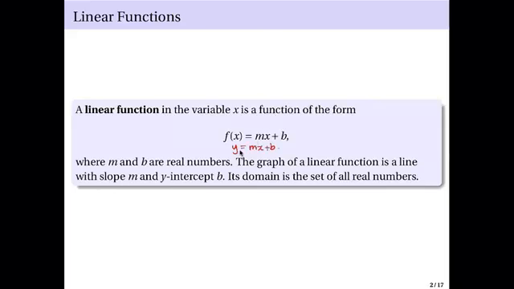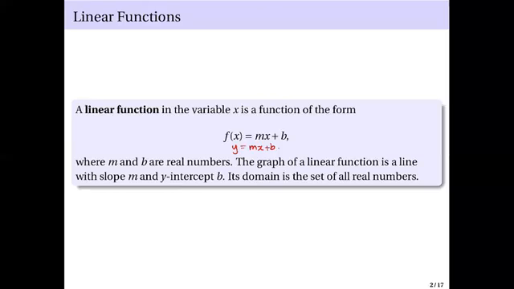Looking at this equation, notice that this is just the slope-intercept form of a line. Which means that the graph of a linear function is just a line with slope m and y-intercept b if the linear function is written this way.